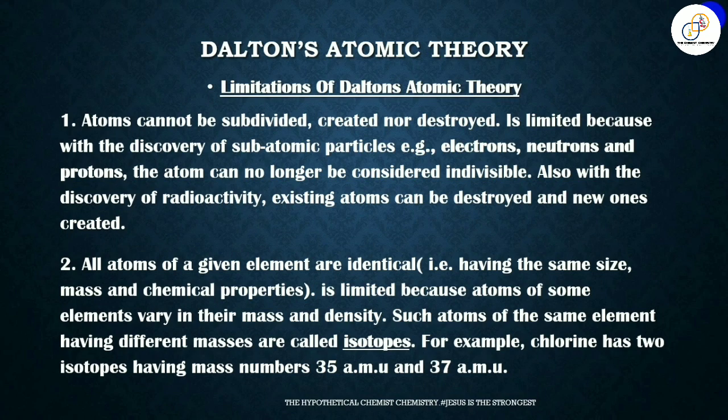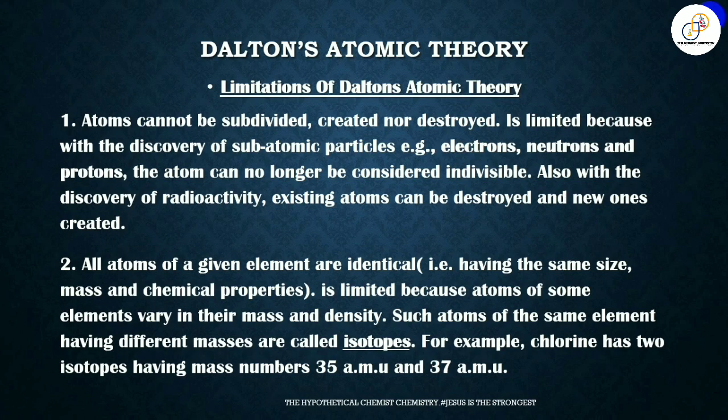Dalton also said that atoms of a given element, or atoms of the same element, are identical, having the same size, mass, and chemical property. That one too has been disproved due to the existence of what is termed isotopy, from which we got the term isotope. Now, isotopy is the existence whereby atoms of the same element have the same atomic number but different mass numbers as a result of differences in neutron numbers.